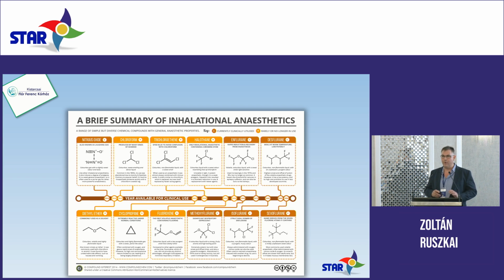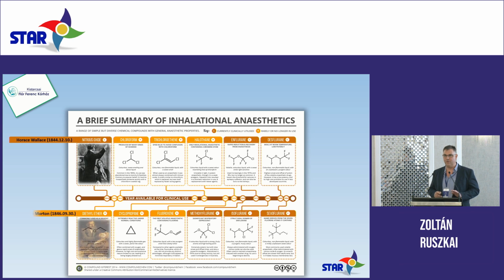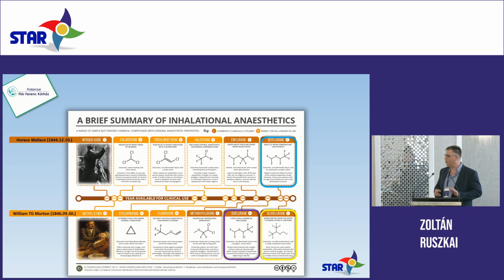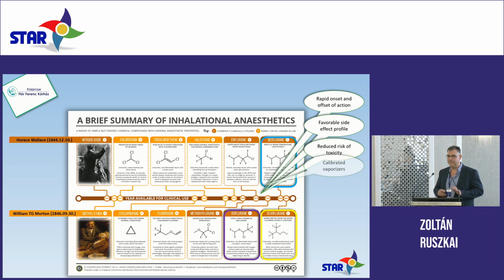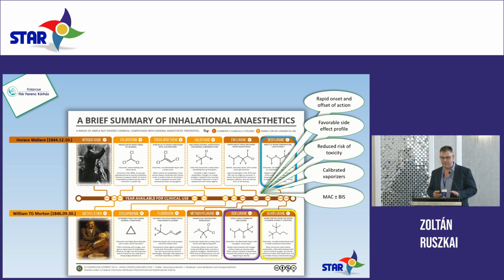So we have used volatile anesthetics for more than 180 years, and now we have three agents after a great evolution. The main characteristics are the rapid onset and offset of action of these agents.